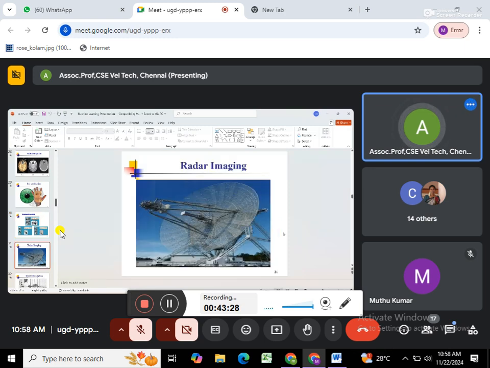Radar imaging, of course, you know, satellite images. Satellite images nowadays are very much useful. We train the system with input satellite images, like for weather forecasting. All satellite images are delivered by the satellites. Having the remote sensing data, we can clearly predict that yesterday it was told that today a depression is going to form.